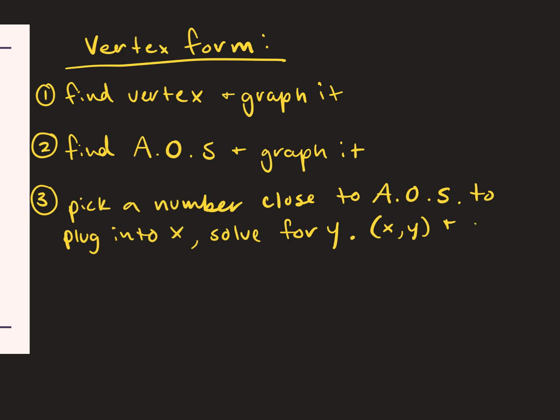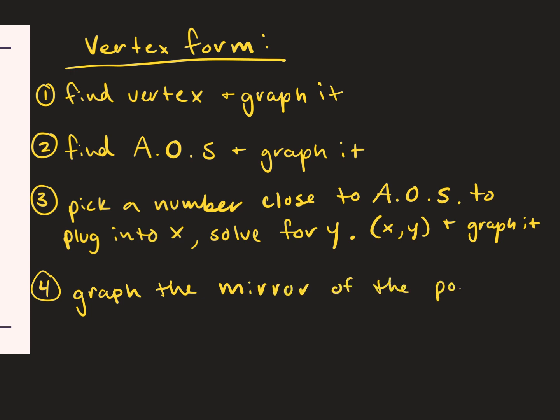And graph it. And then step 4, graph the mirror of that point. So these are the 4 steps that you need to graph when given vertex form.